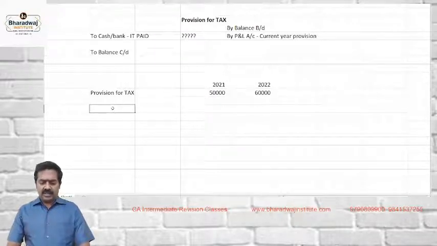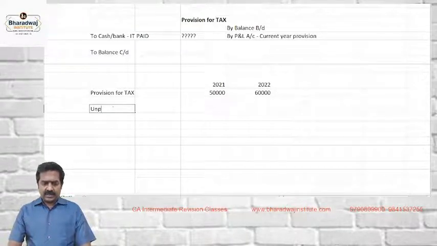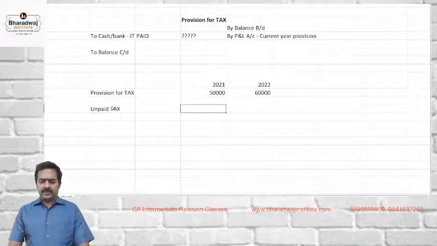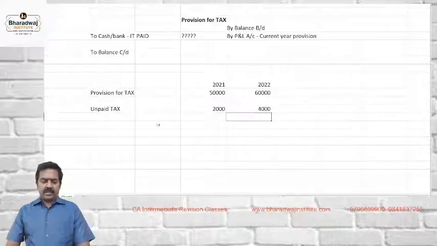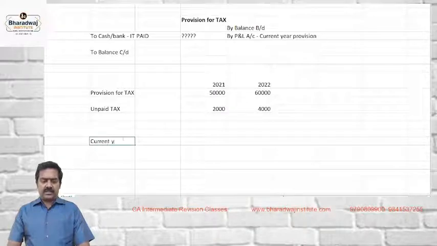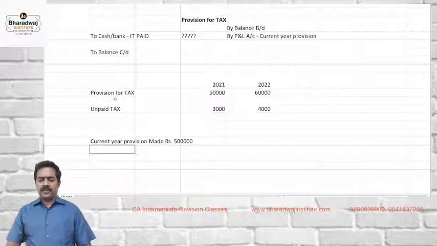They will give you unpaid tax or tax due: opening balance 2,000, closing balance 4,000. In the adjustment they will tell you the current year provision made is rupees 5 lakhs.